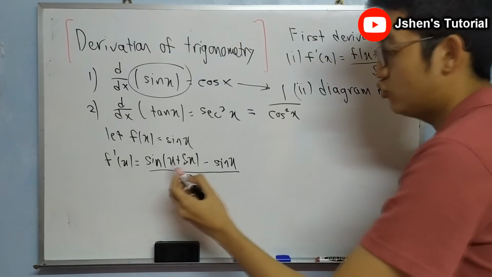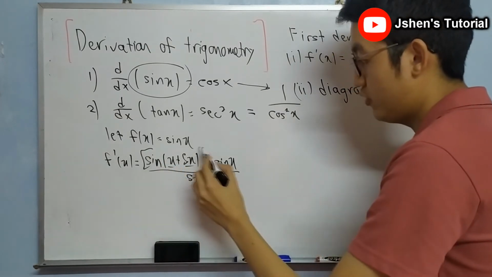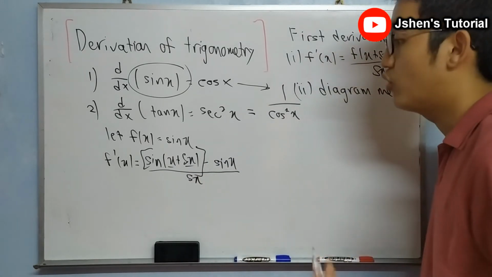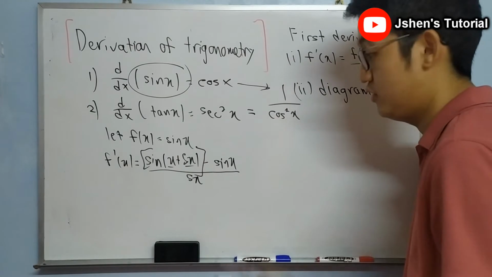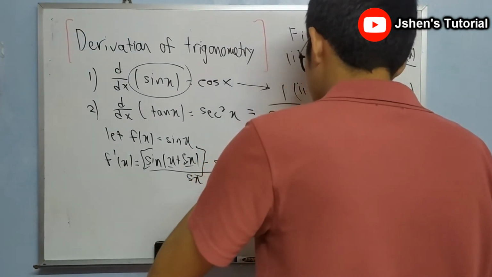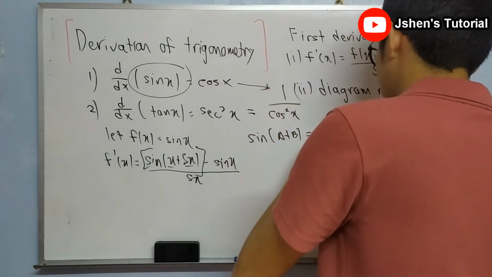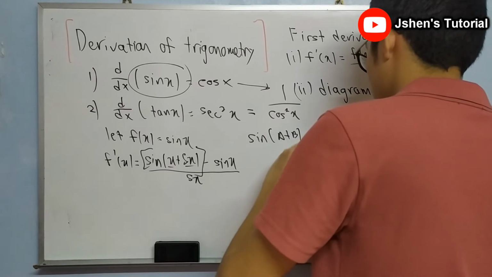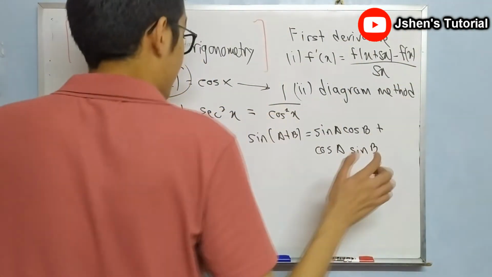So this is two different parameters contained in a single trigonometry. So we are going to use trigonometry identities to expand sin x plus delta x. If, let's say, sin a plus b, we'll get sin a cos b plus cos a sin b. This is the general formula.